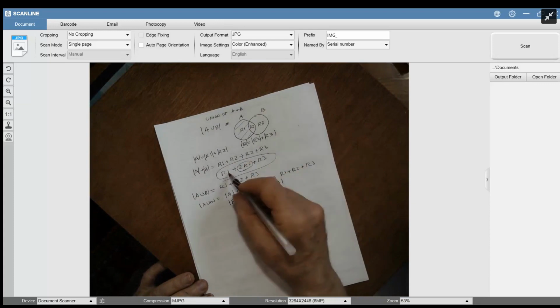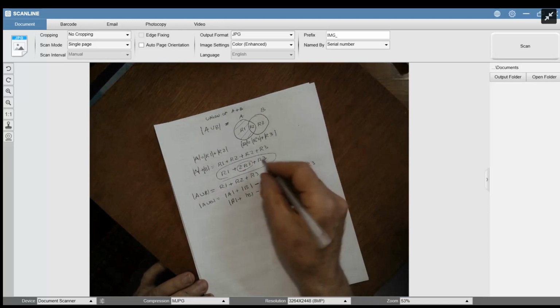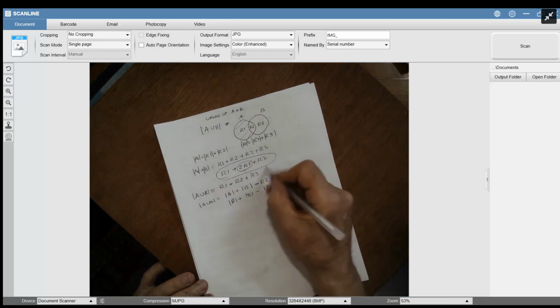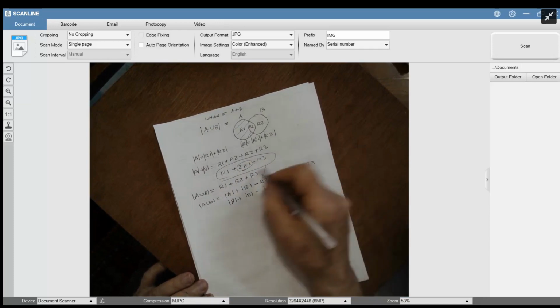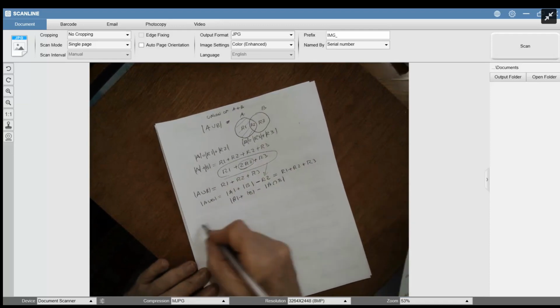When you added A plus B together, you get 2 region 2. If you subtract region 2 out, you're going to end up with just 1, 2, and 3. So that's the formula for A union B.